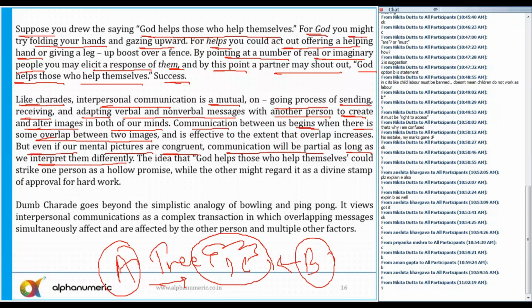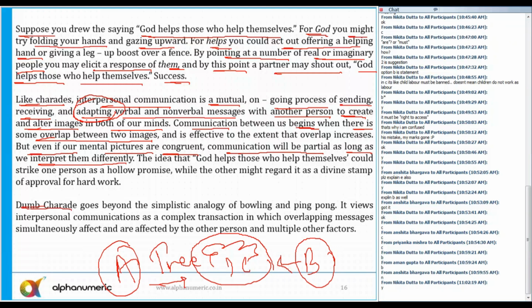Both of them have the same image, but they are interpreting it differently. However, because we continuously adapt, there's action and interaction and adaptation.